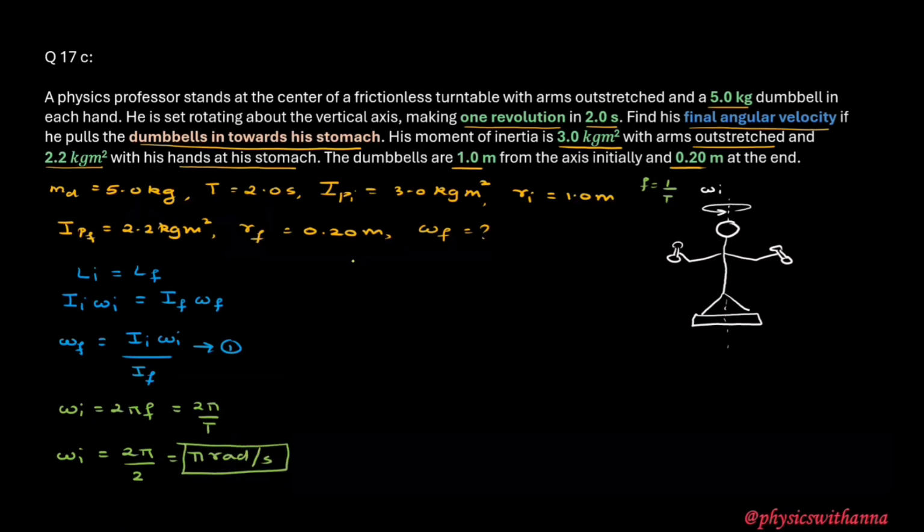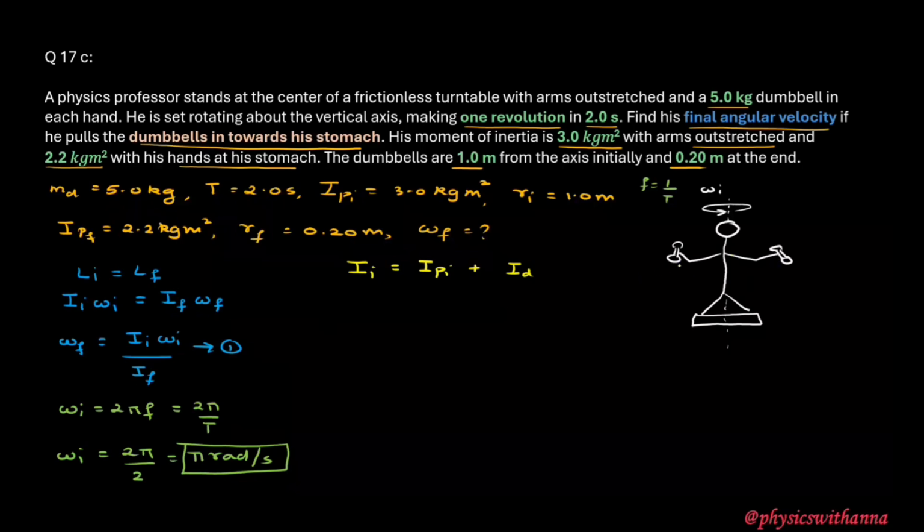Then we find what is the initial rotational inertia, I initial. Now rotational inertia or initial moment of inertia has to be the sum of the moment of inertia of the professor and the dumbbells. So we write this as Ip initial plus the moment of inertia of the dumbbells.